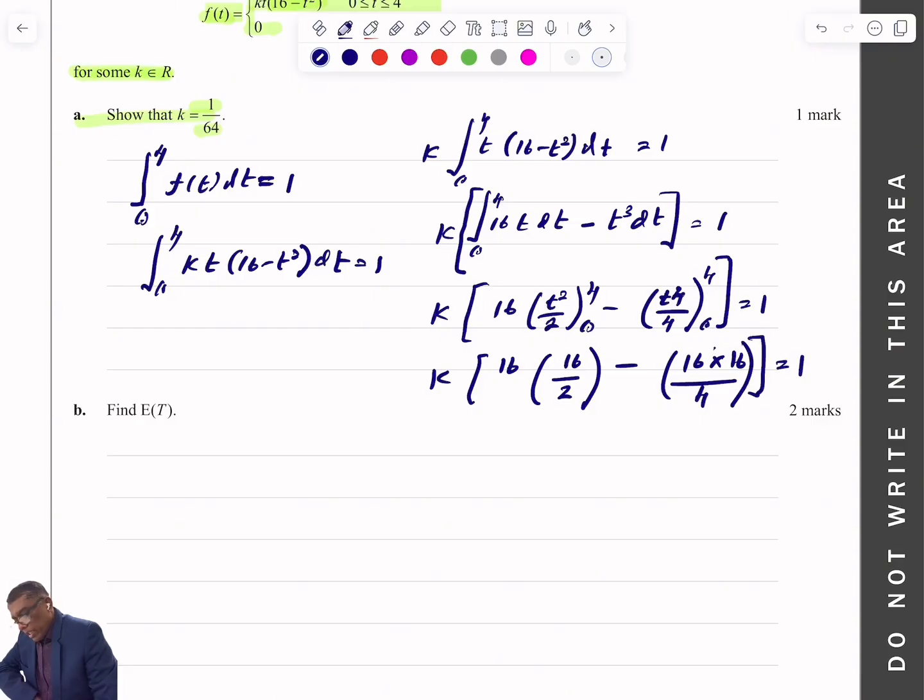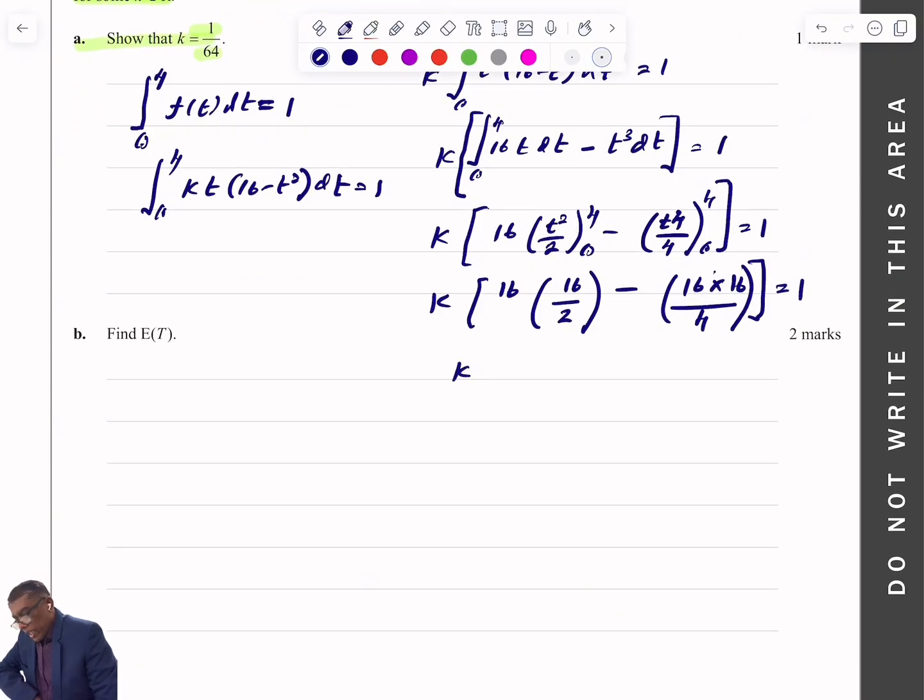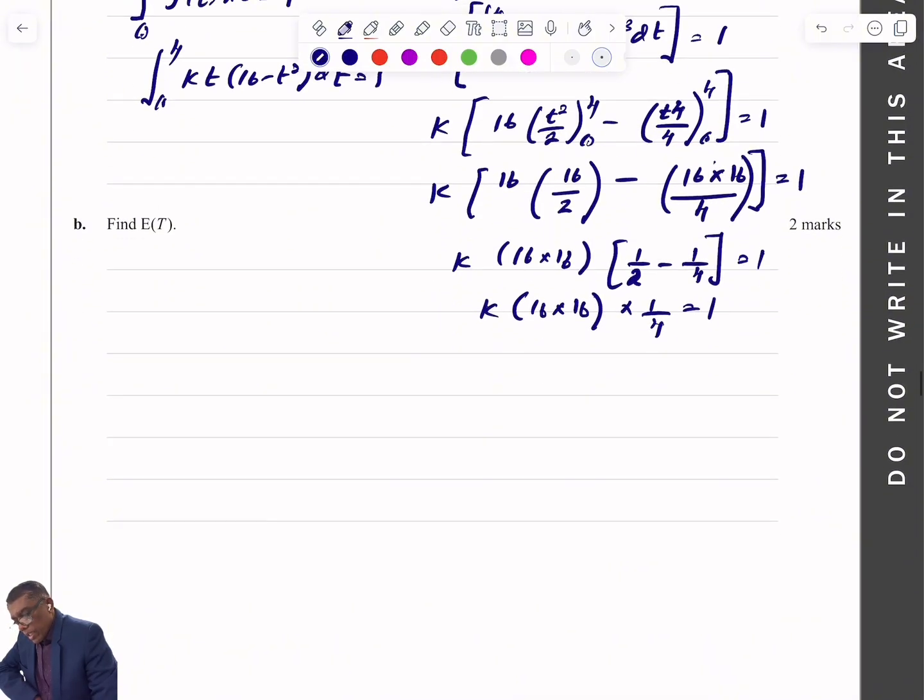If I take 16 times 16 out, half minus 1/4 is 1/4. So k times 16 times 16 times 1/4 is equal to 1. K is equal to 4 divided by 16 times 16, which means 1 over 64.